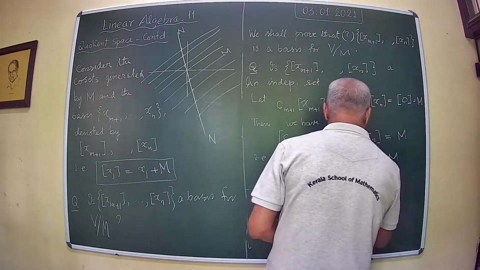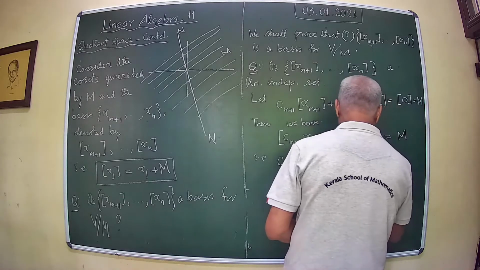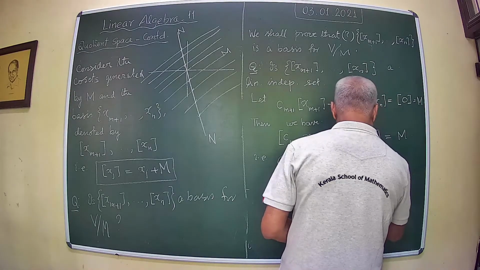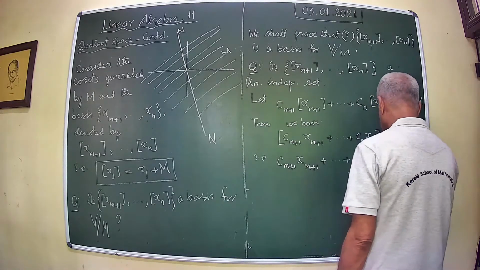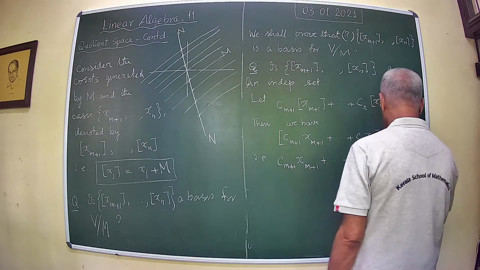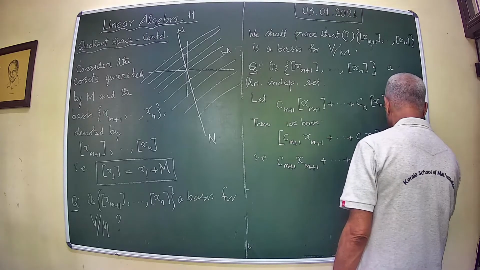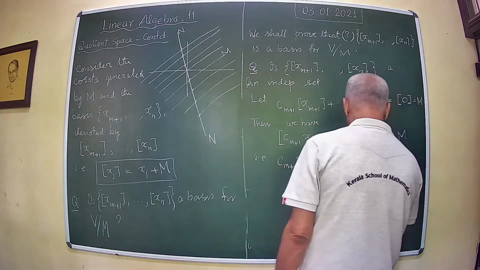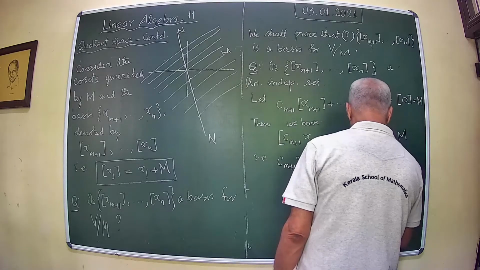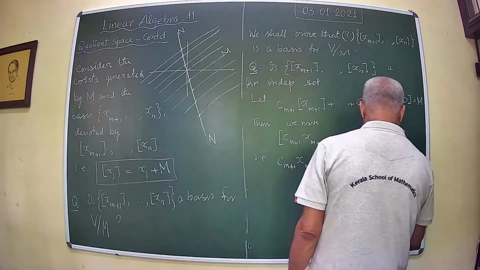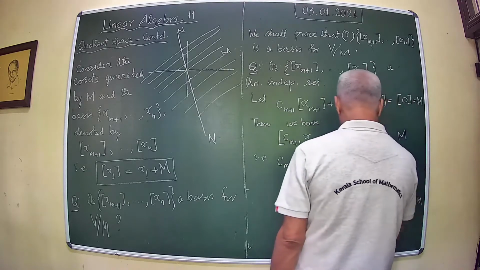Therefore, we have the sum over j equal to m+1 to n of c_j x_j plus some y equal to z. That's it.